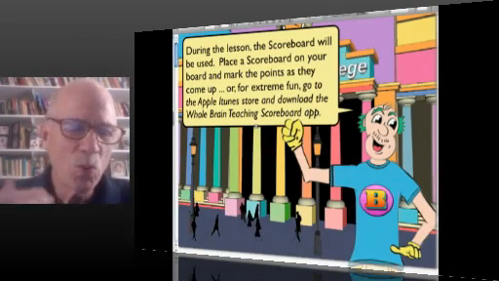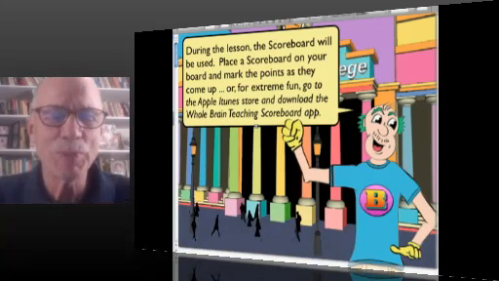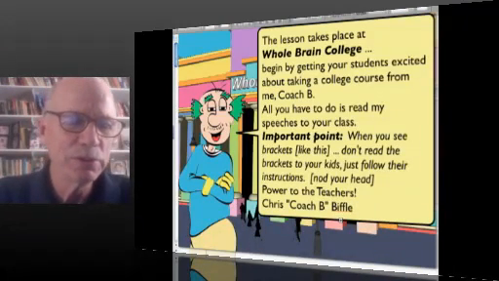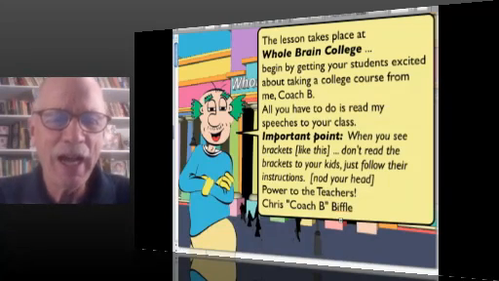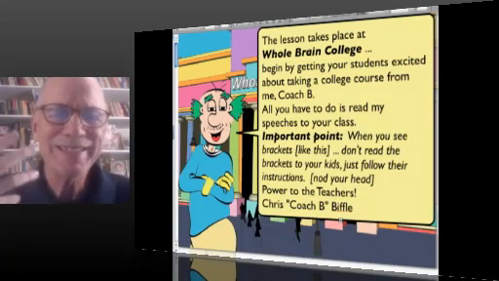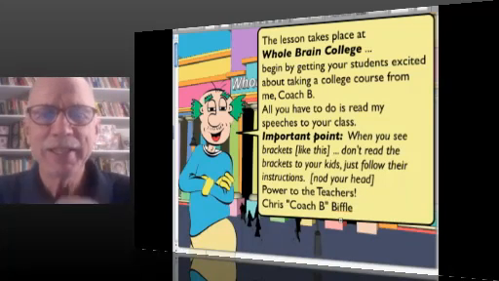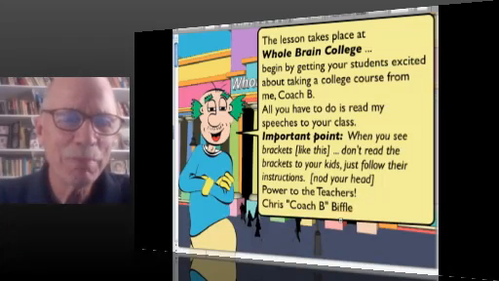Now, I'm just walking through this. If you have seen this before, I apologize. All of this is just introductory material. I'm just going to show you the basic idea. The metaphor is that Coach B is taking your kids to whole brain college. And kids of every age love to think about going to college.